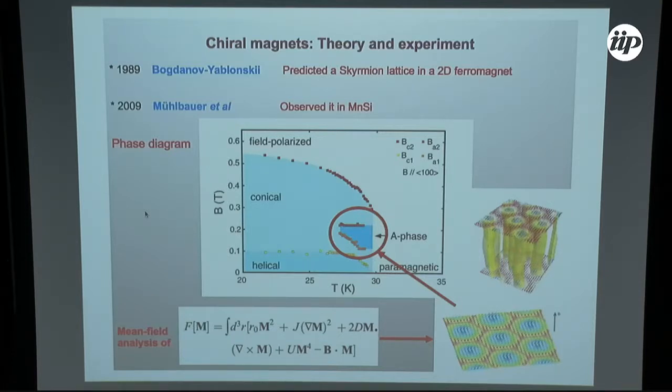This Skyrmion lattice structure showed up for the first time in experiments in this paper, and they did a mean field analysis. I will say more about this, but essentially M is S here. Sorry for the change of notation. This is a nonlinear sigma model term, and this M dot curl of M has to do with Dzyaloshinskii-Moriya, but don't worry about that now.